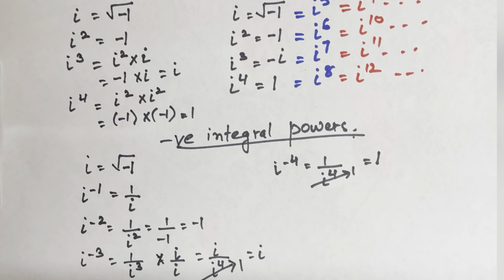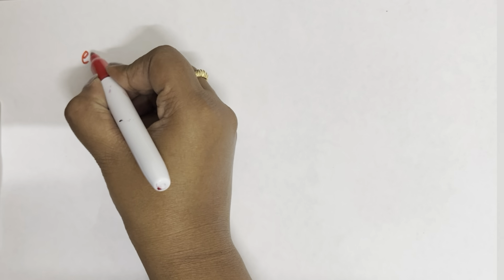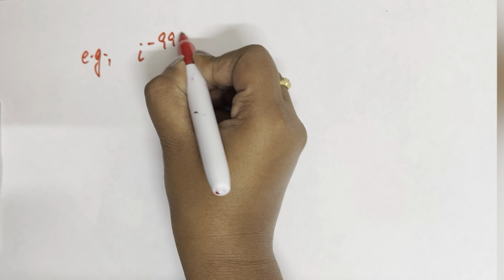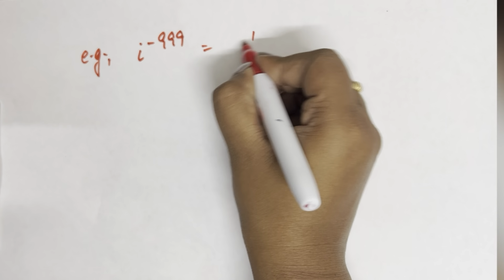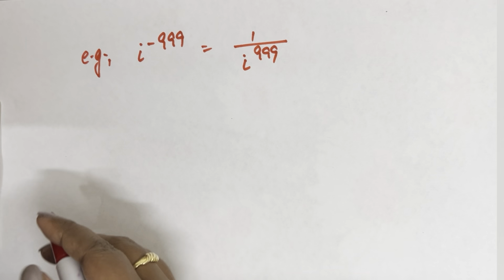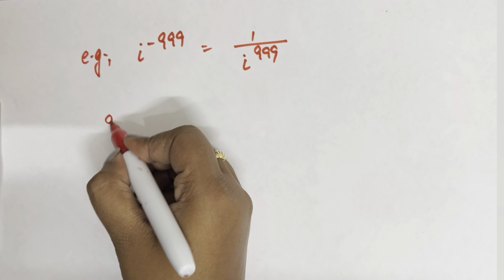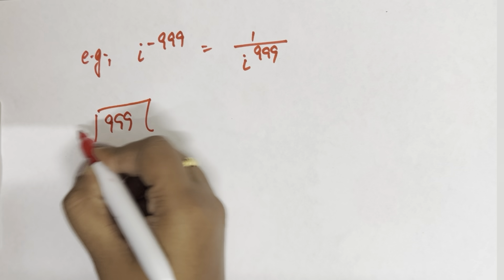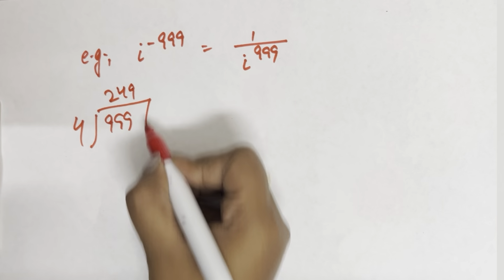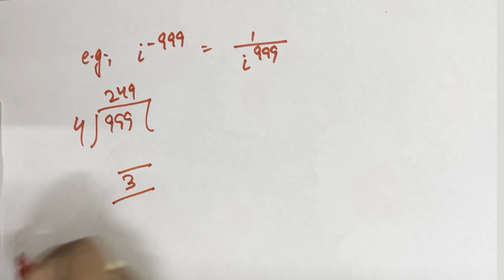So if we take one example, the example of iota to the power -999, we can write it as 1 upon iota to the power 999. Now if we divide 999 by 4, we will get 249 here, followed by a remainder 3 here, right?